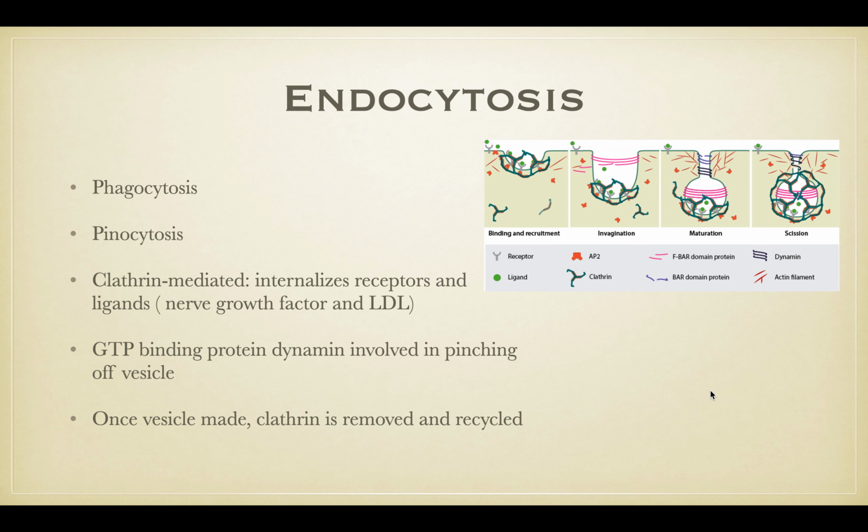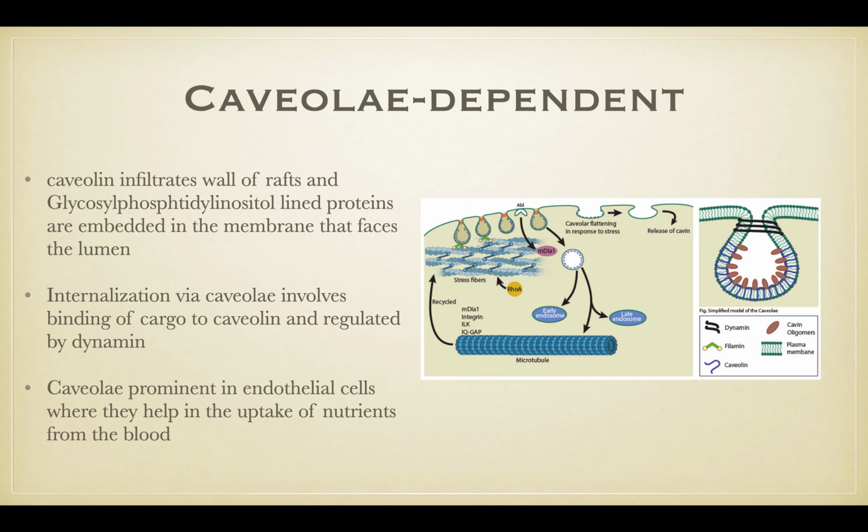And then what's nice is this is reusable because the clathrin is going to be removed from the newly made vesicle and then put back to the surface of the cell. Caveolae-dependent is sort of the same. It's a different protein, caveolin.